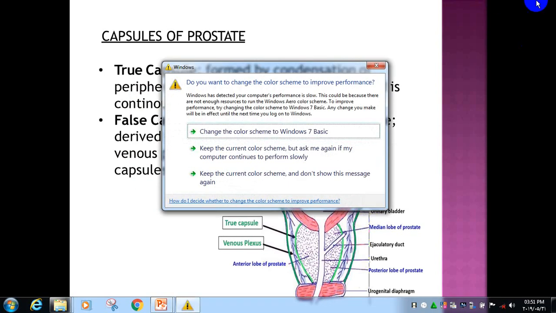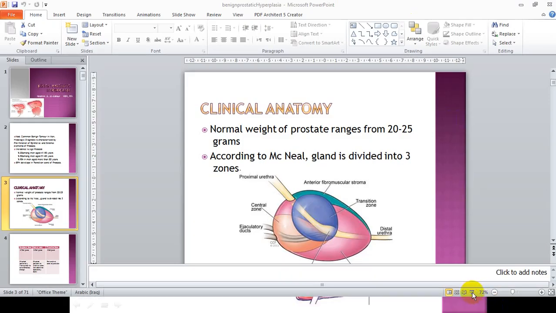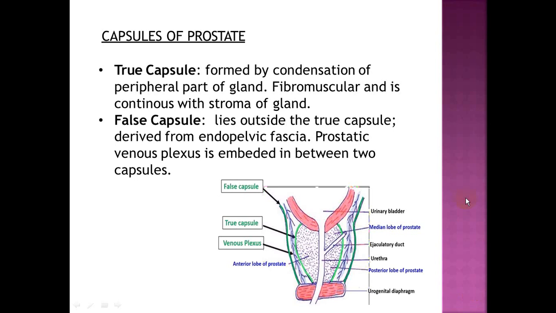The true capsule is formed by condensation of the peripheral part of the gland, fibromuscular, and is continuous with the stroma of the gland, while the false capsule lies outside the true capsule, derived from the endopelvic fascia. The prostatic venous plexus is embedded in between the two capsules.